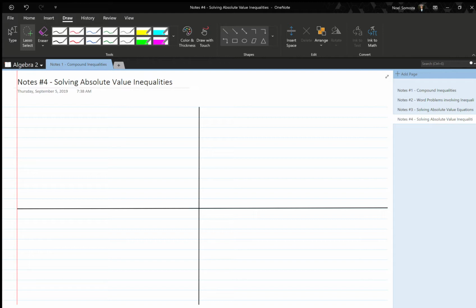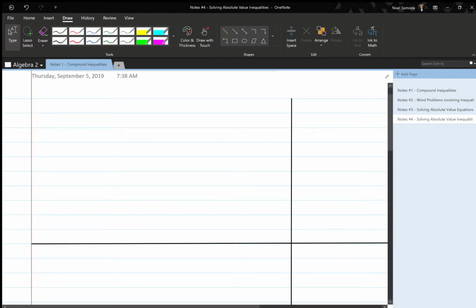Brand new. So an absolute value inequality is nothing more than just a compound inequality. But the only thing that we have to do different is we have to make the conversion. We have to write it in a different way. So we're gonna make a note here.